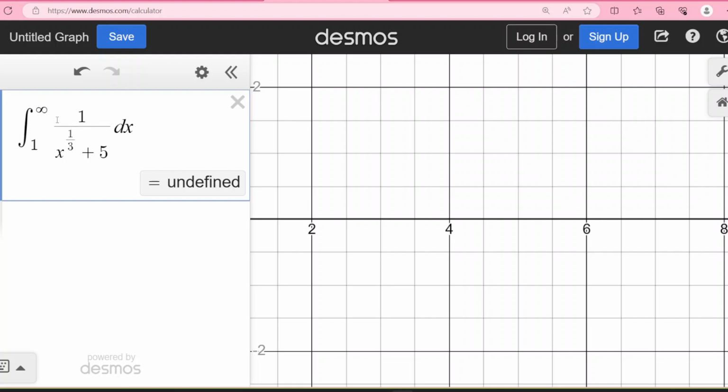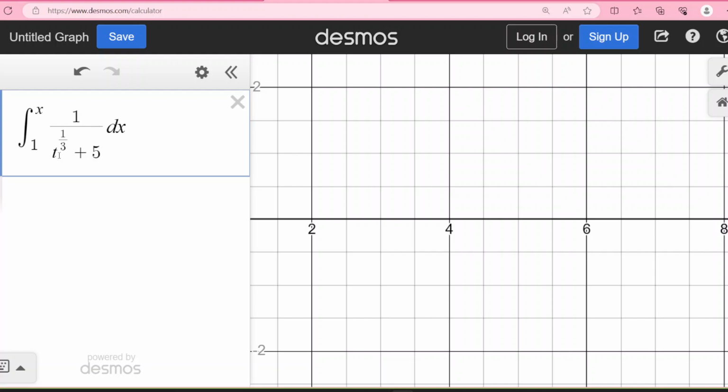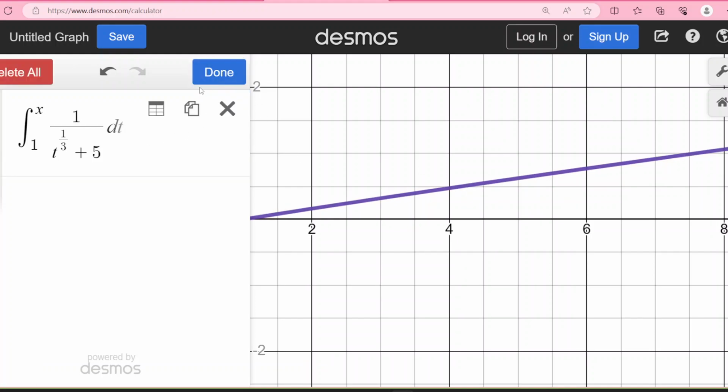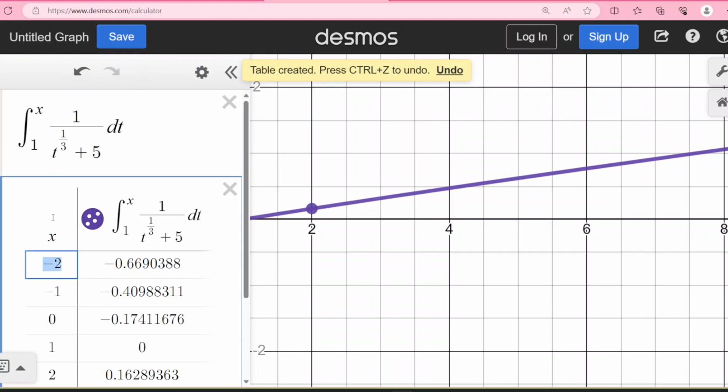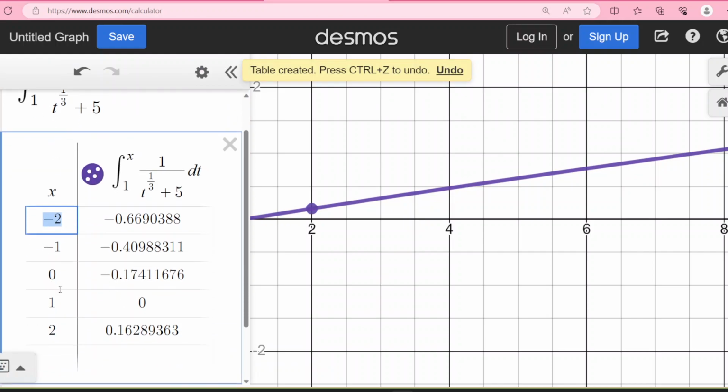so I'm going to make a table. I'm going to call this infinity x and change my variable in here to a dummy variable, call it t, so t to the 1/3 plus 5 and then dt. So I can make a nice table. And when I make a table, let's see what happens as x goes to infinity.